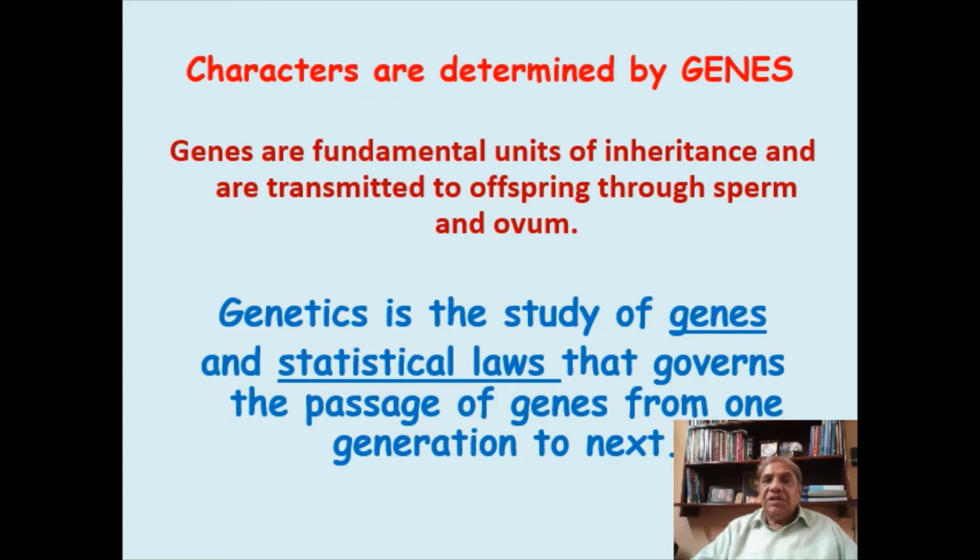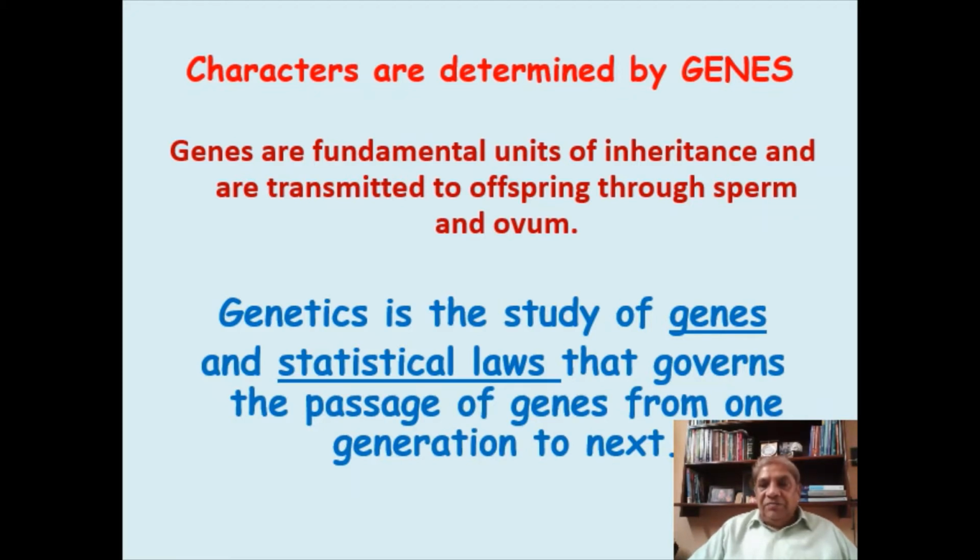Now, genes are the fundamental units of inheritance. You already know from your lower classes, you have read in detail, that the genes are responsible for inheritance. They are the fundamental unit of inheritance and are transmitted to offspring through sperm and ovum naturally.